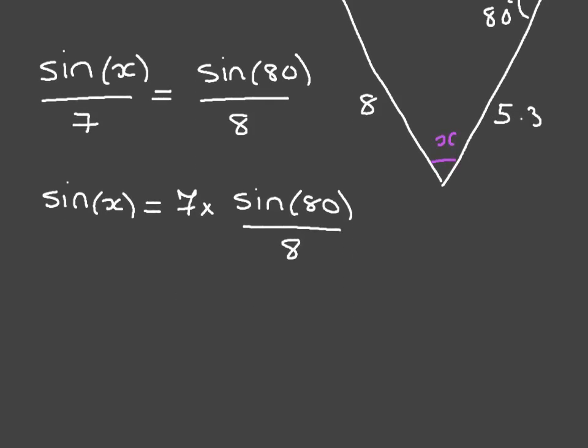Calculating the right-hand side with our calculator, and without any rounding for the moment, sine of x is equal to 0.861707.